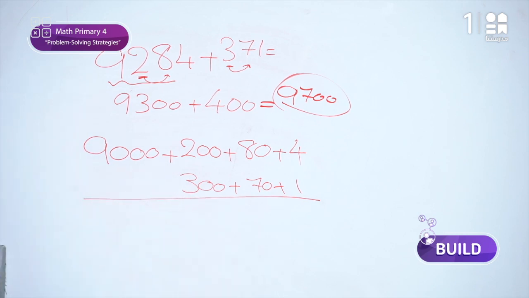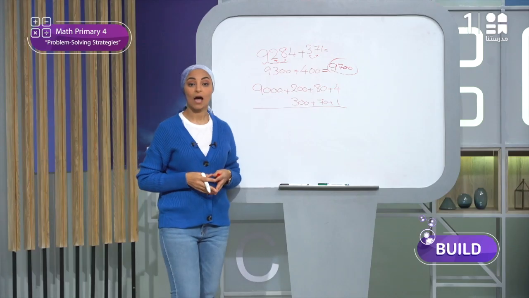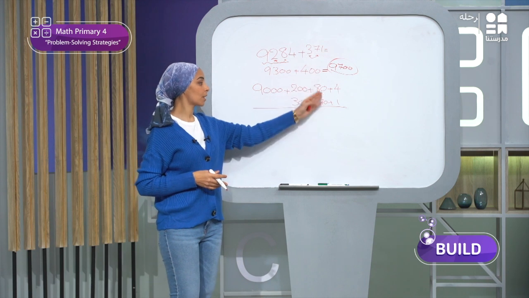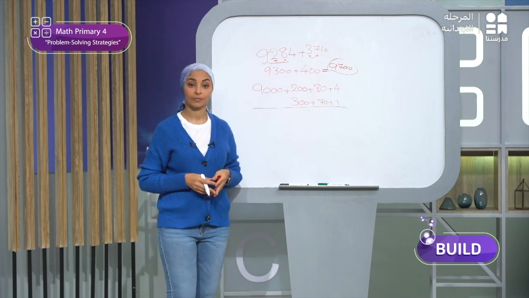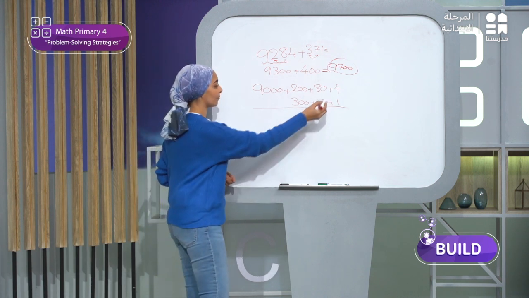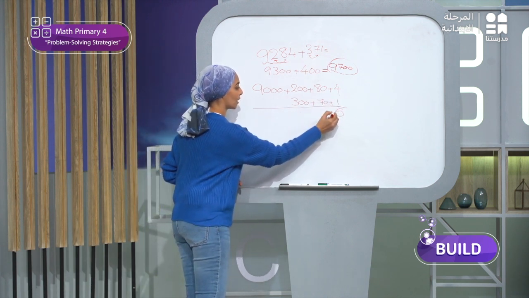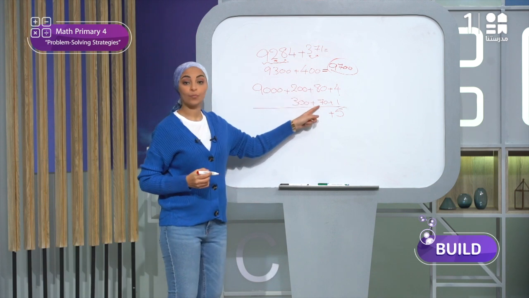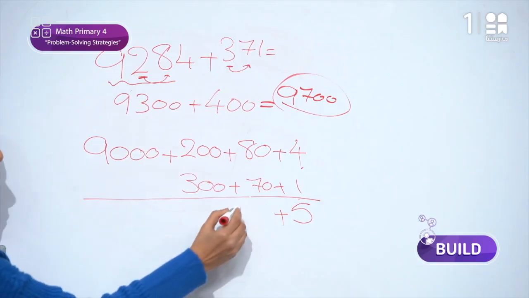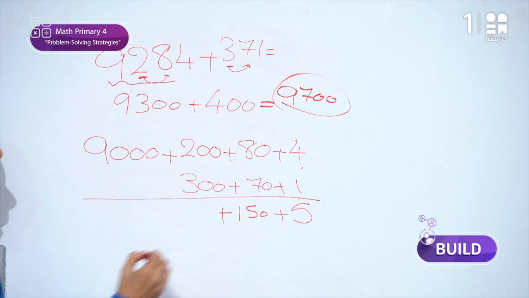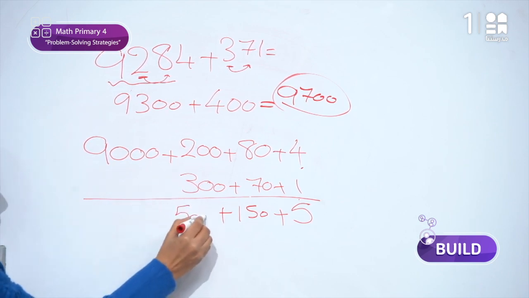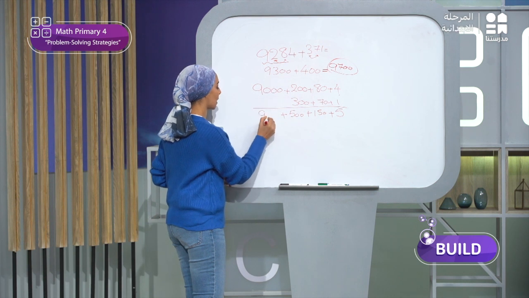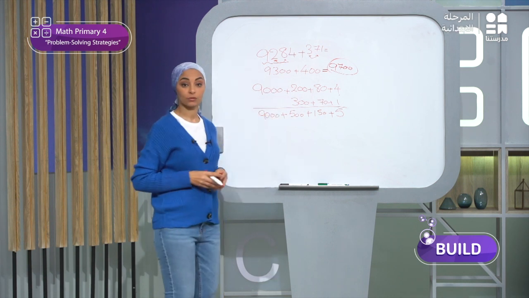Okay? Then, what should I do next? Yes, I will add the ones together, the tens together, 100 together, and 1000 together. Here I have 4 plus 1 equals 5. 80 plus 70 equals what? 150. I write it here. And 200 plus 300 gives me 500. And in the thousands, I will put 9,000, right?